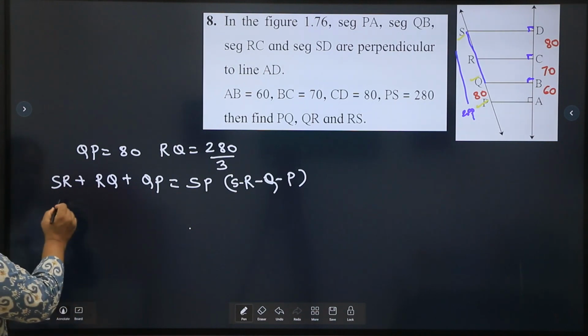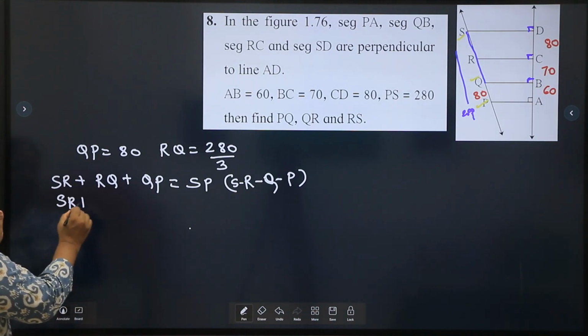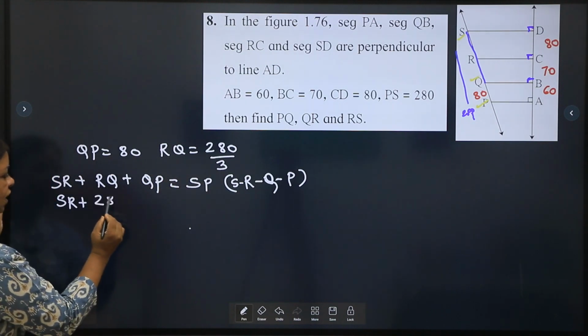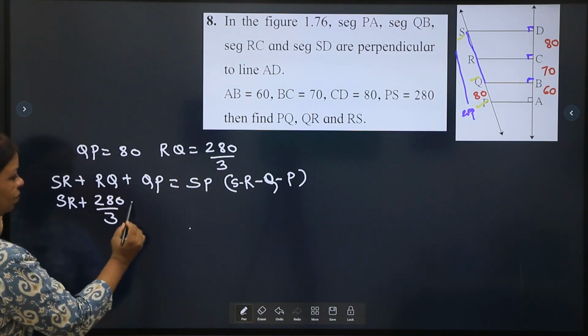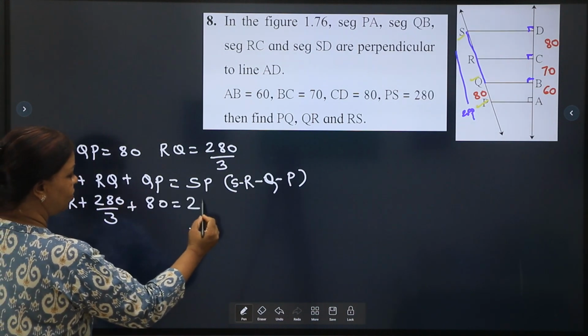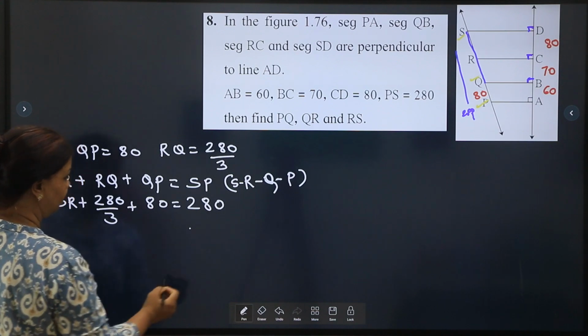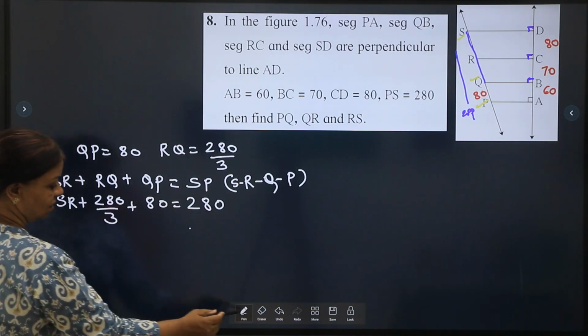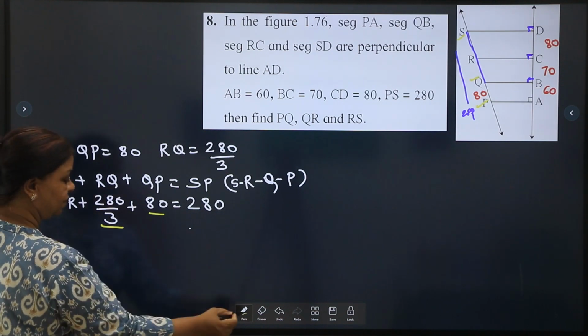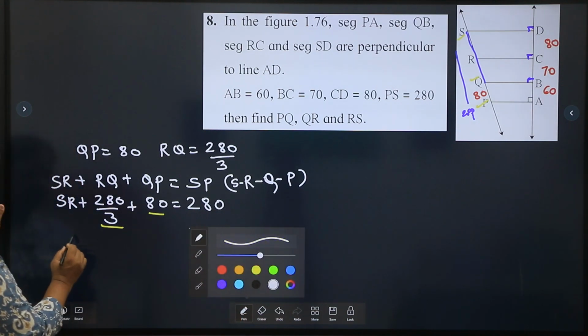So SR we want to find out, and RQ we got 280 upon 3 plus QP we are having 80, which is equal to SP, which is 280. I'll be shifting 280 and 80 this side. What will I get?